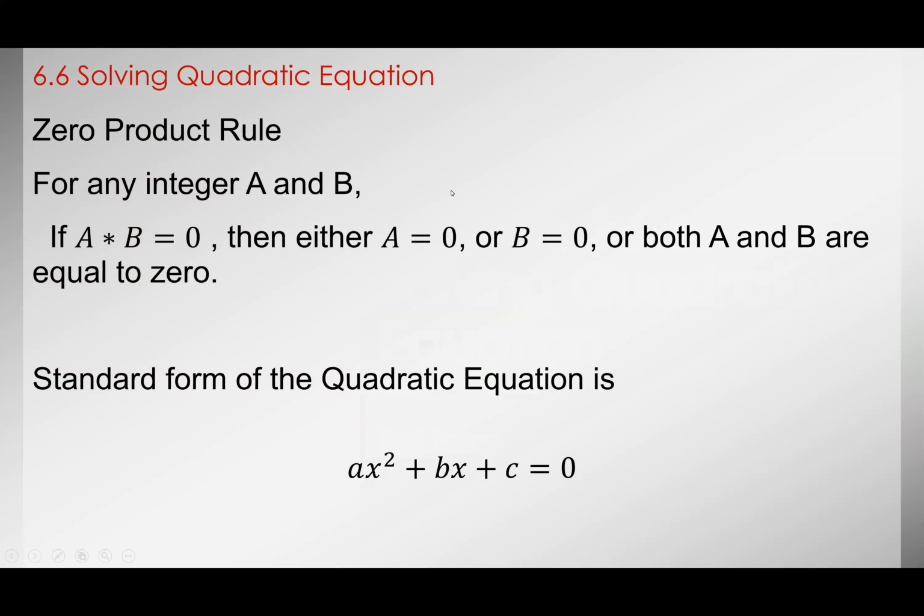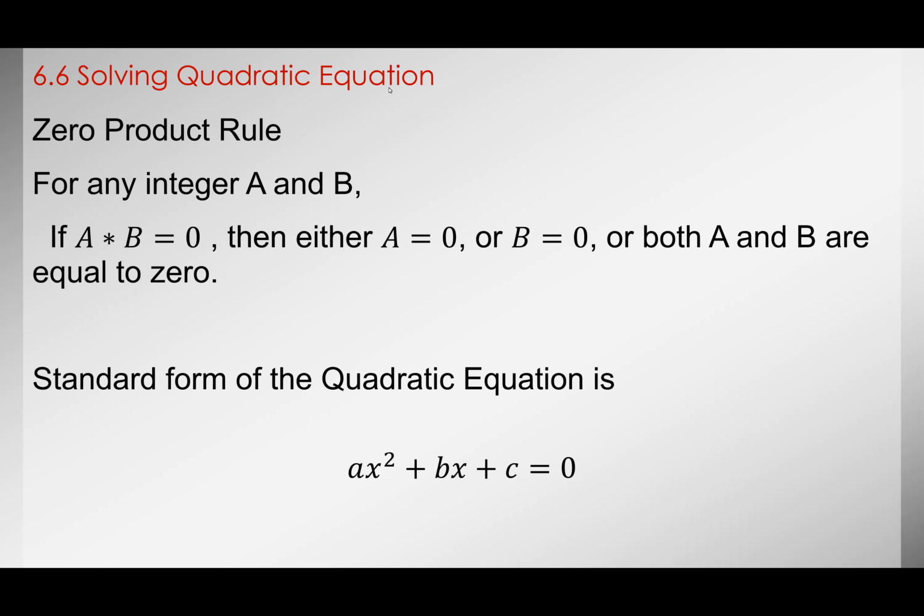The zero product rule tells you this: for any integers a and b, meaning whatever number a can take, whatever number b can take, any number you can think of for a and any number you can think of for b, if a times b is equal to 0, and it has to be equal to 0, ladies and gentlemen, it cannot be any other number.